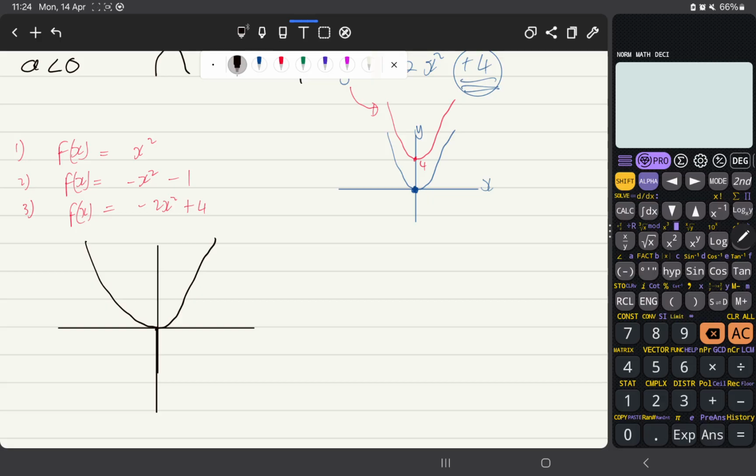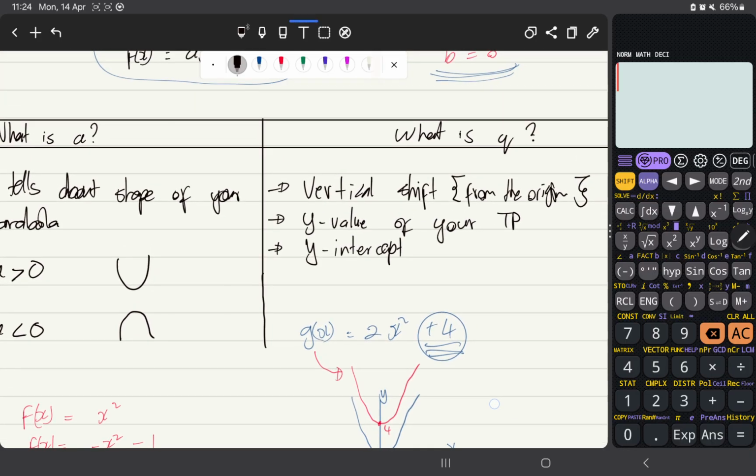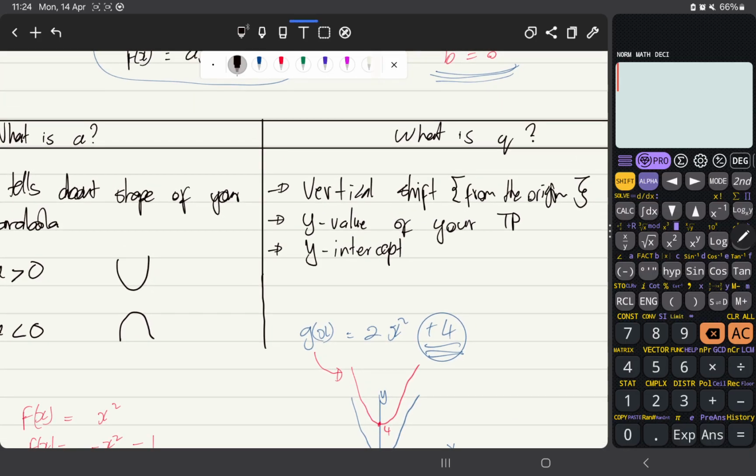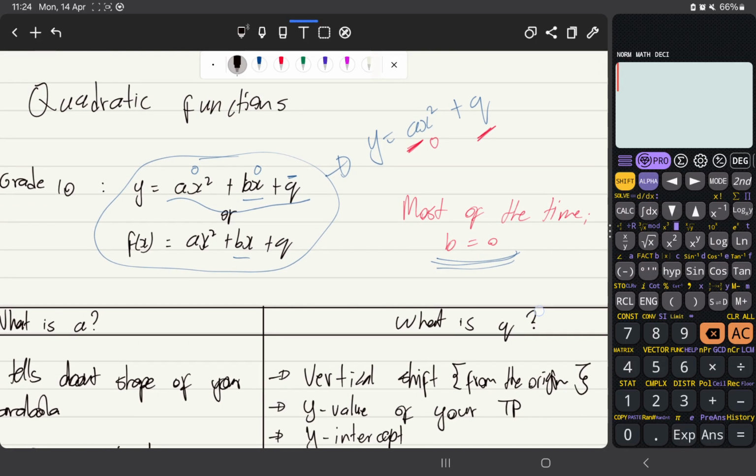So when x is equal to 0, y is 0. That's why the turning point is gonna be the origin (0, 0). And remembering that we also said that q is the y value of your turning point.